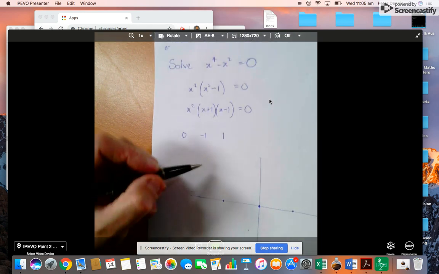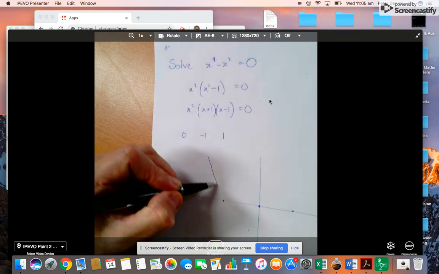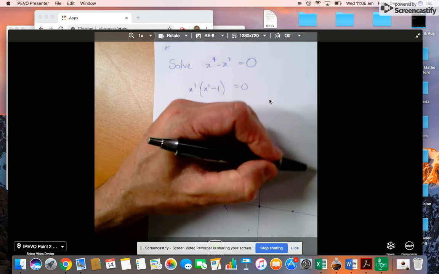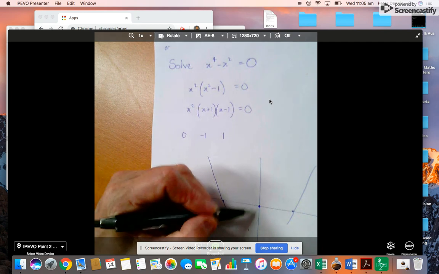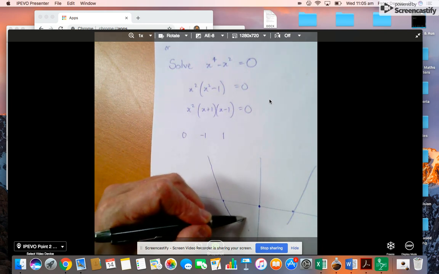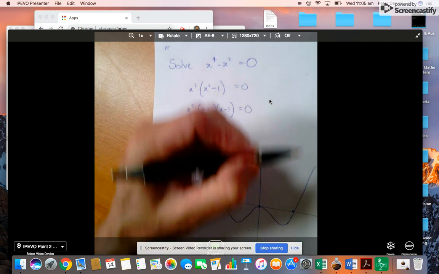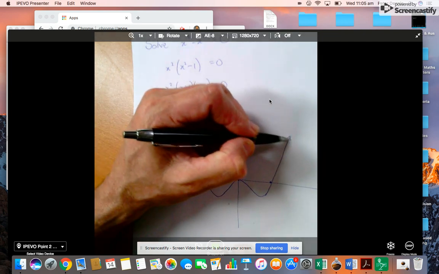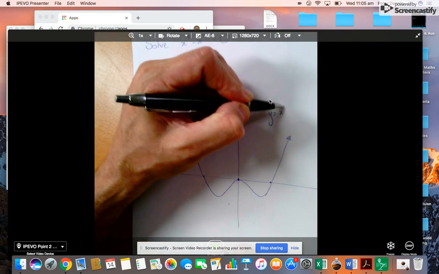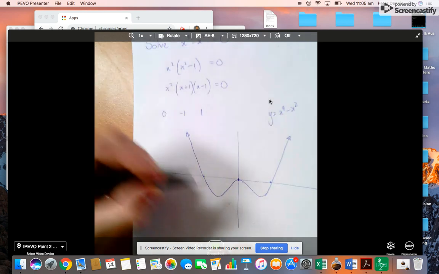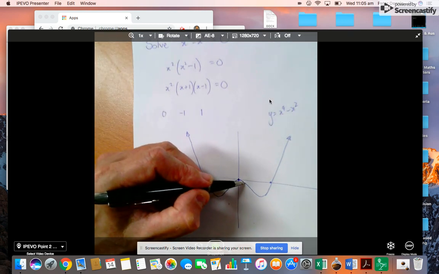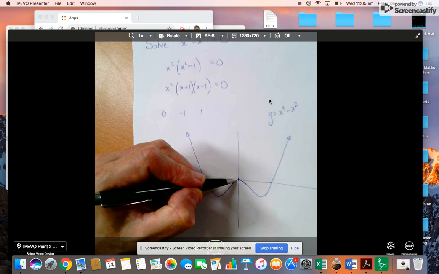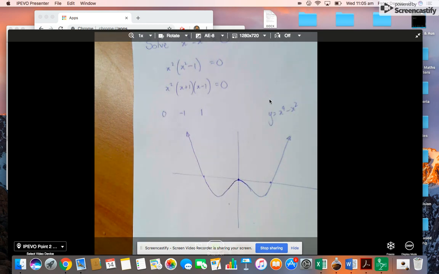So it crosses once here, and once here, and here there's a double root. Now a double root is like an x squared, so it's going to look like that, and that's going to be our graph of y equals x to the power of 4 minus x squared. Here there's a double root, so it's like y equals x squared, it just comes up and touches.